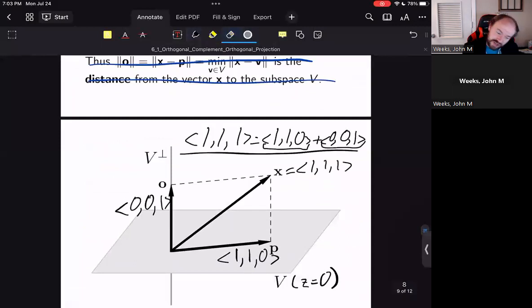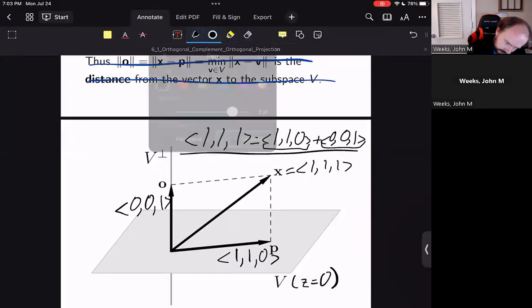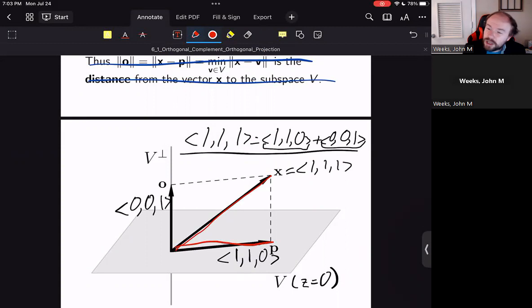The orthogonal projection is special because whenever I take a look at the orthogonal projection of x onto P, I can ask the question: what is the closest that I can get between the terminal points of x and P? Where maybe P is not just the orthogonal projection, but some other vector inside of the plane V. So for example, I could take a vector like this one, maybe right through here.